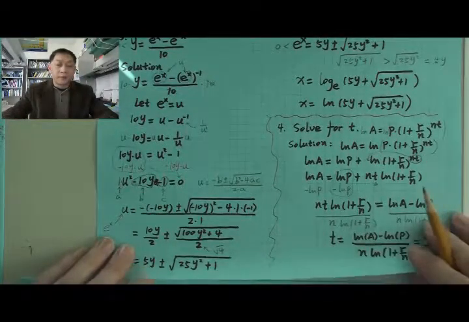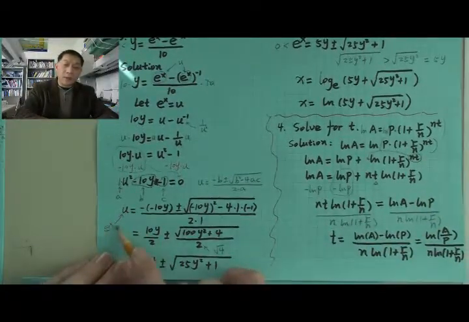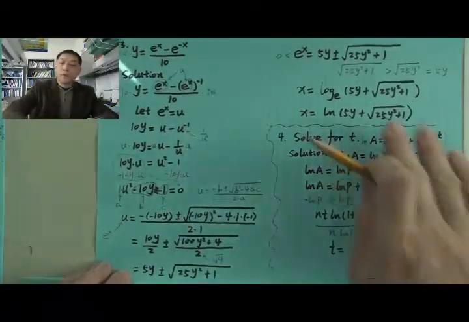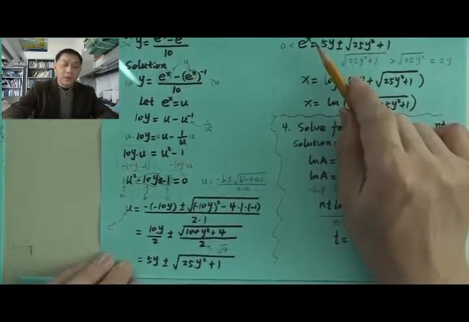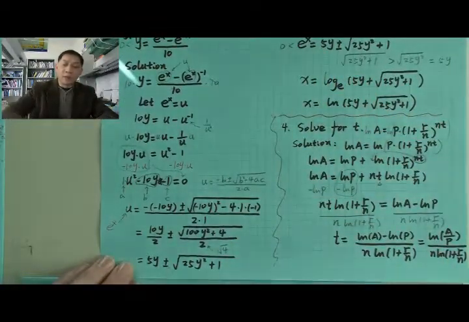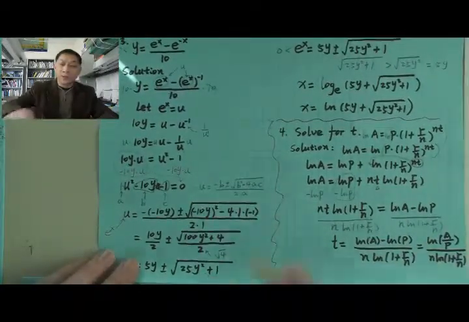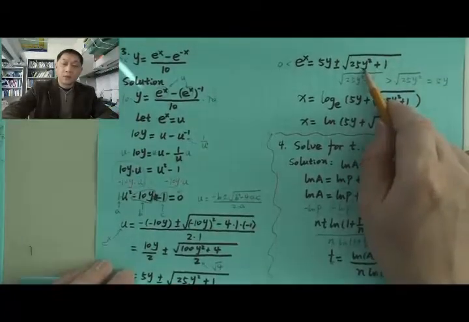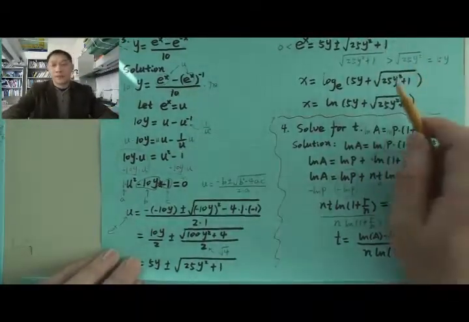Okay, now look. Replace this u by e to the x. That's the one right here, e to the x. And then we keep 5y plus or minus radical 25y squared plus 1 here.